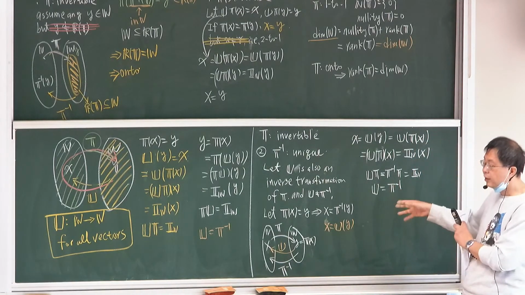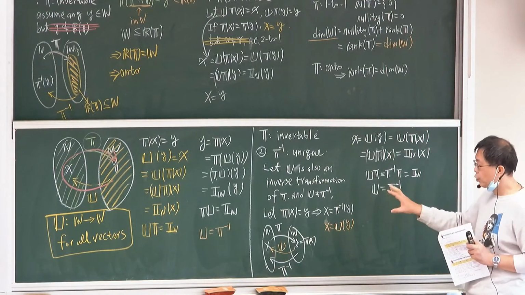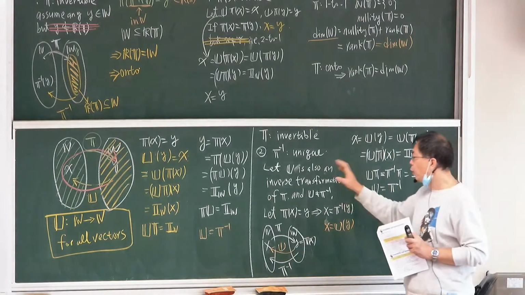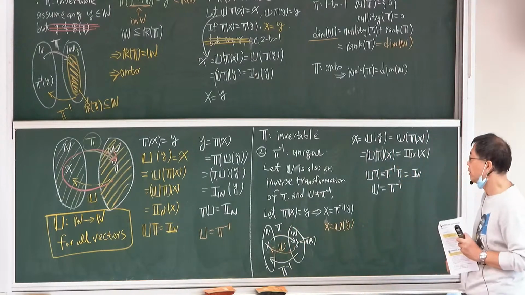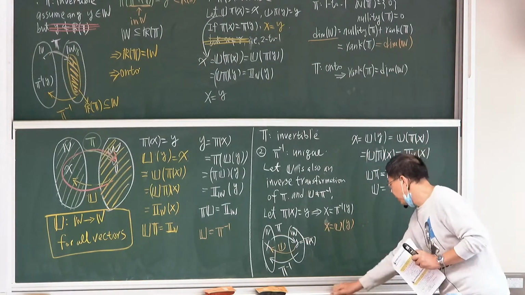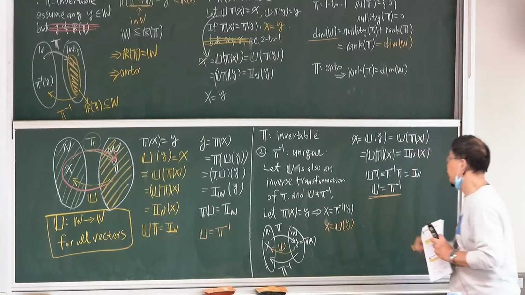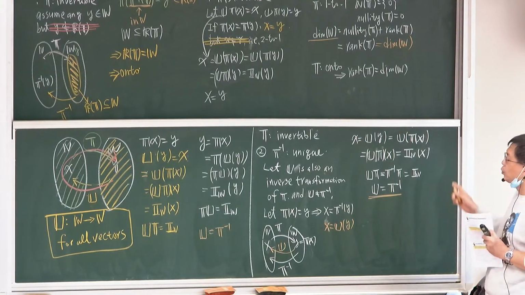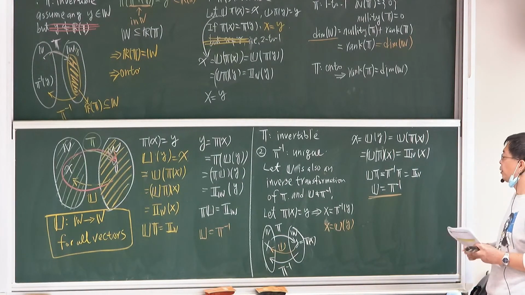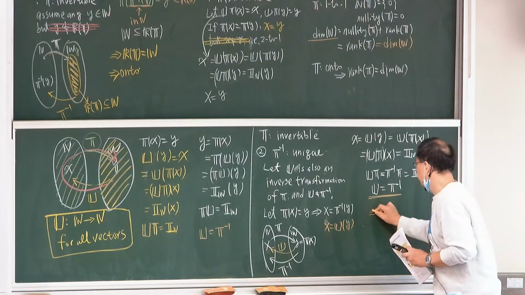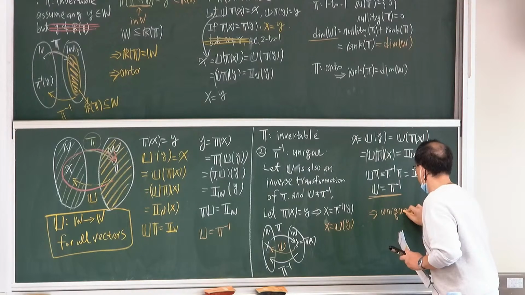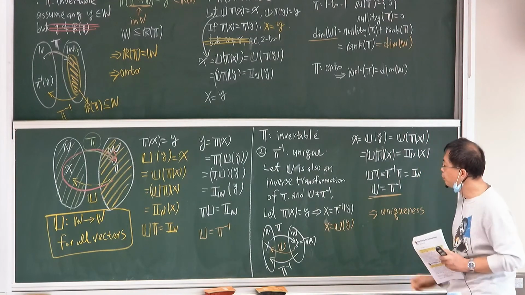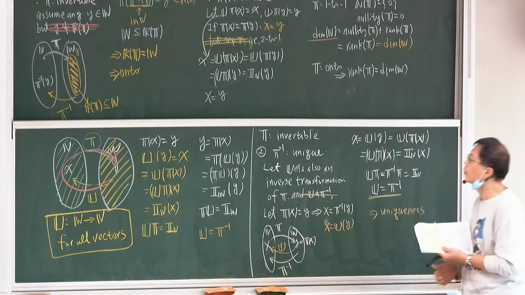So we have another transformation, we name it U, and it also maps the vector y back to x. Right now we get this result: U is equal to the inverse transformation of T. So then we prove the uniqueness, because the assumption is not true.